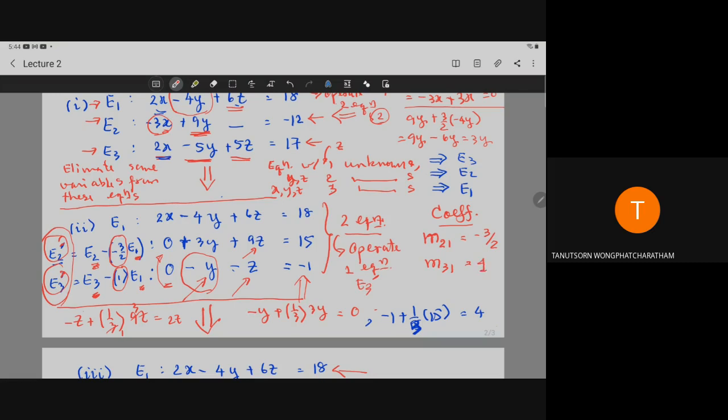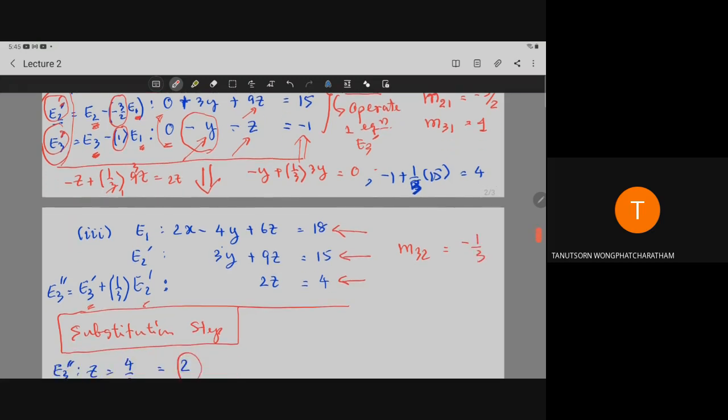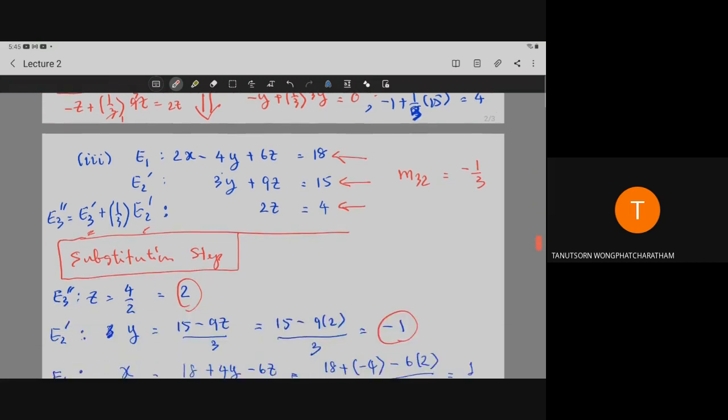Okay. And for from step 2 to step 3, similarly, we can write the multiplication coefficient as m32 is equal to -1/3. Okay. So these are the coefficients to combine the sub-equations in order to get the new equation to reduce the number of unknowns. Okay.